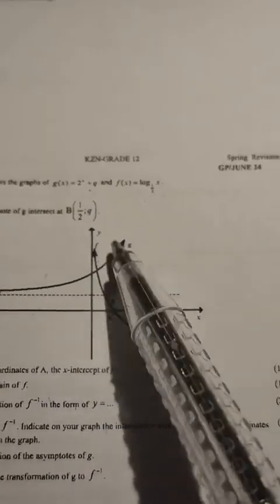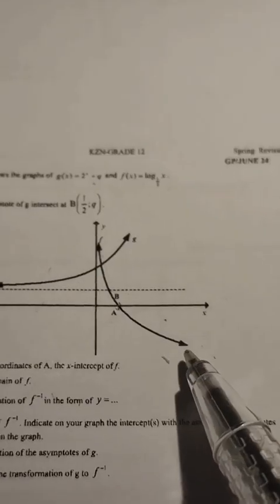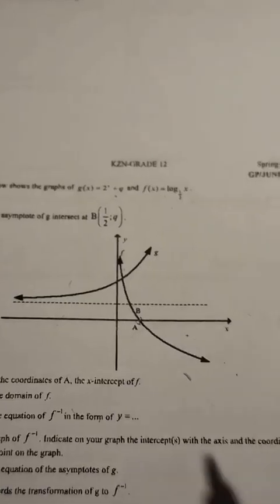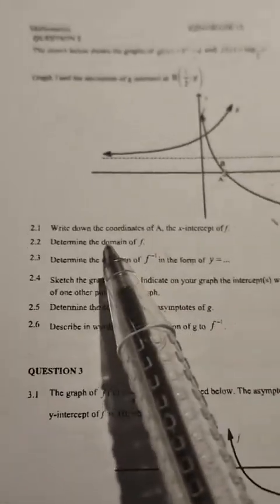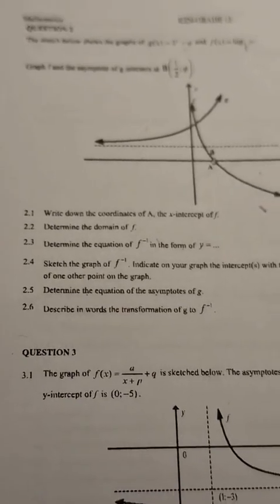So that's why I can clearly see that this exponential function is not going to go beyond the y-axis. In actual fact, it is a boundary line, because it's the inverse. So basically we say x is greater than 0 is the domain of this function here. So moving right along to 2.3.